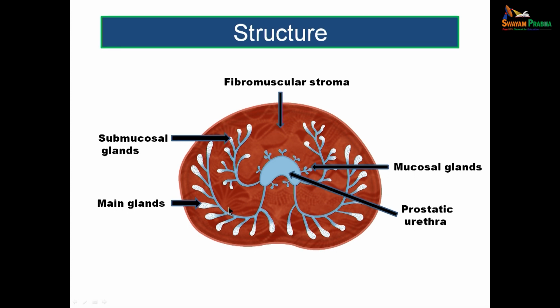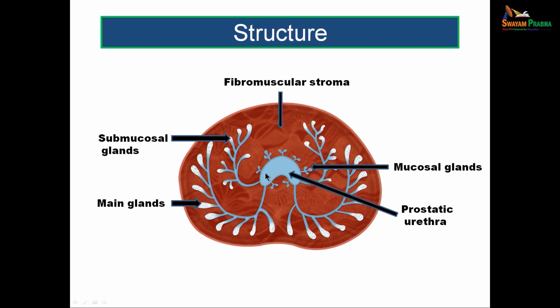You also find the fibromuscular stroma intervening between the glandular tissue in the posterior and lateral aspects of the gland. This fibromuscular stroma will have both sympathetic and somatic nerve supply. The contraction of these muscles will help in dilatation of the prostatic urethra and squeezing of the glands, so that the prostatic secretions are poured into the prostatic urethra.